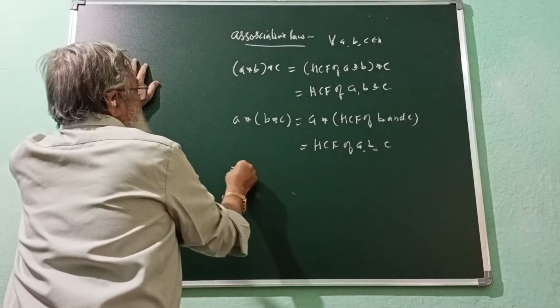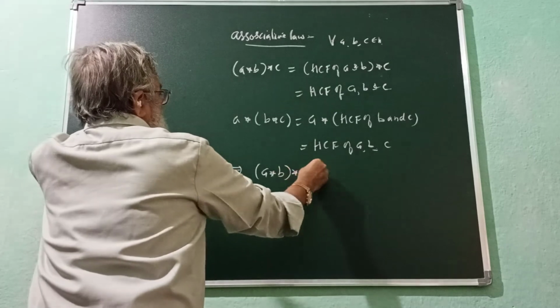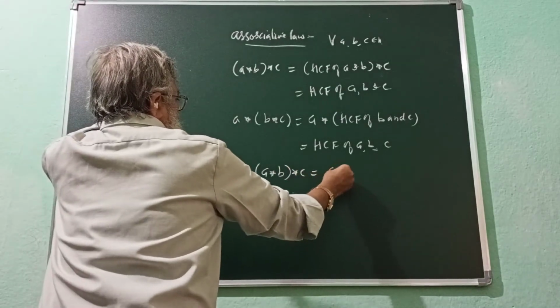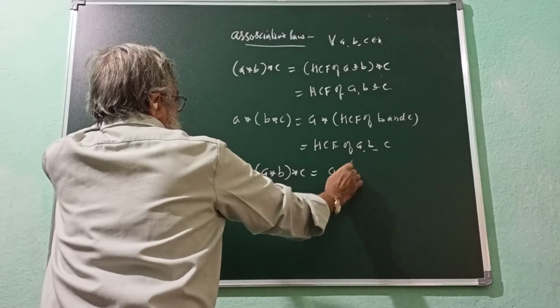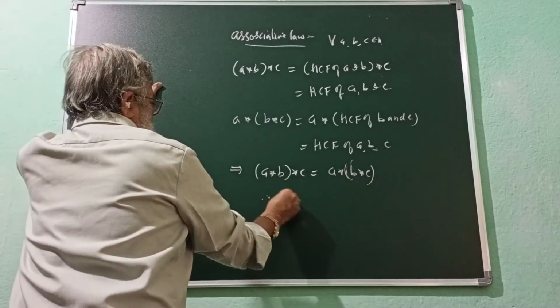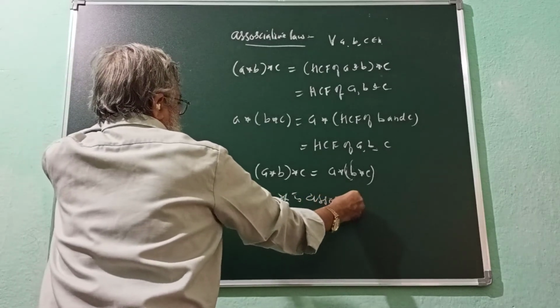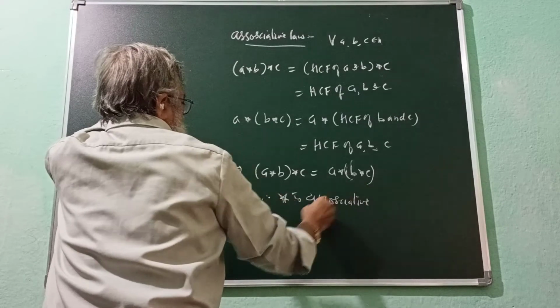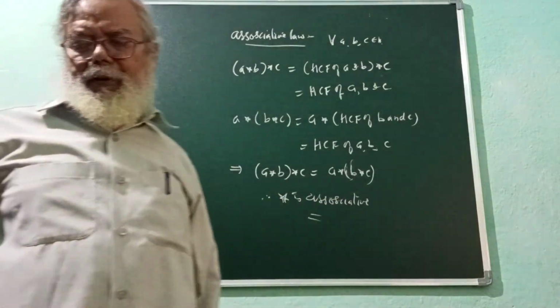We can write A star B star C is equal to A star B star C, with the bracket on B star C. Therefore, star is associative.